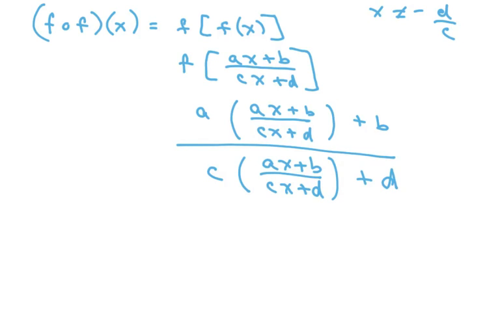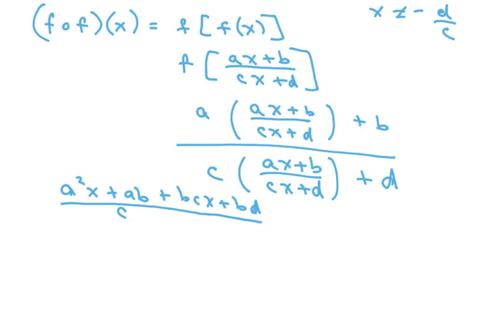Okay, cleaning it up, we're going to get a squared x plus ab plus bcx plus bd over cx plus d.